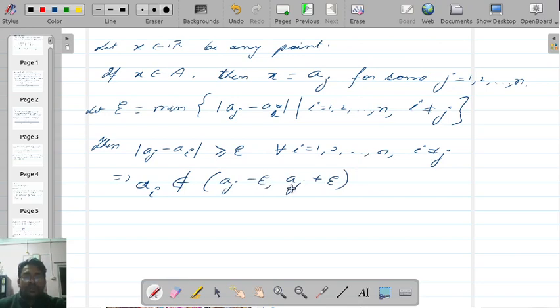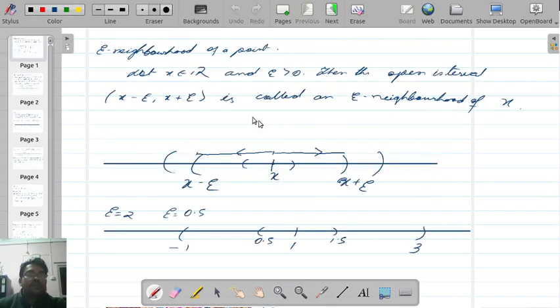Because if it belongs to this interval, then mod of a_j minus a_i has to be less than epsilon. Look at the definition of the epsilon neighborhood: the open interval x minus epsilon to x plus epsilon is called an epsilon neighborhood.